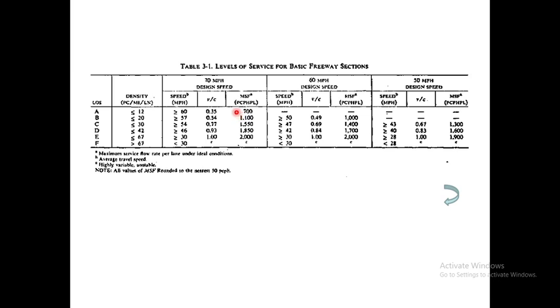It means that every situation is ideal. What was the ideal situation? If you remember from the last session, some of the ideal conditions were that lane width should be 12 feet. The clearance or the shoulder should be at least 6 feet. And if we don't have any heavy vehicles on the road, this is also considered an ideal condition.